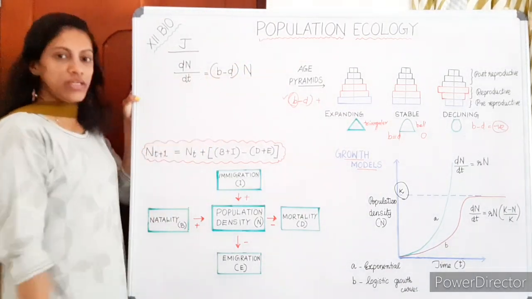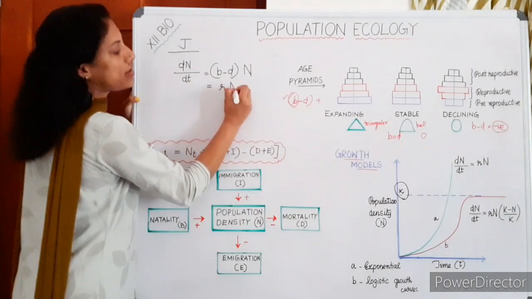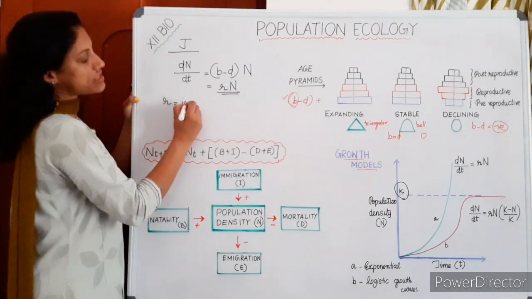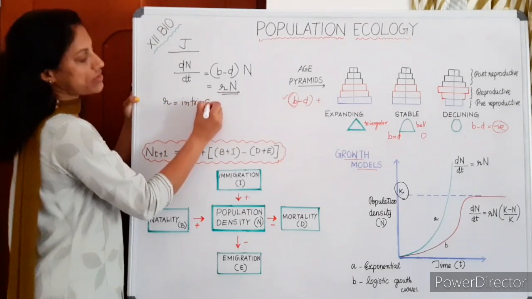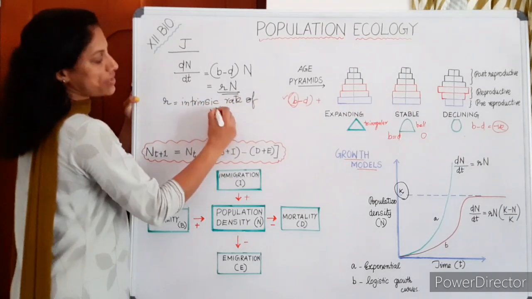Okay, B minus D, and the B minus D here is considered as r. The value r is known as the intrinsic rate of natural increase.